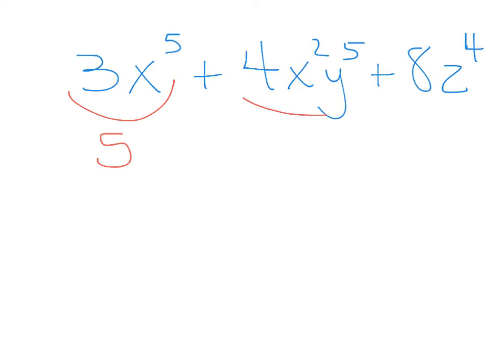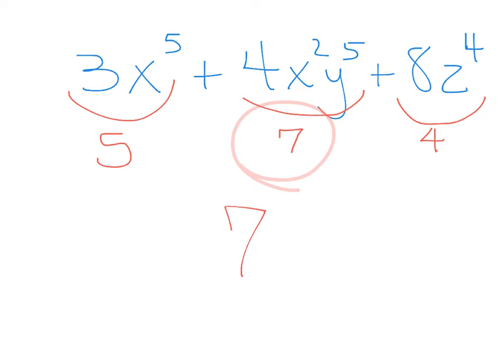The degree of the second term is? 7. The degree of the last term is? 4. Now, when it's the polynomial, you don't go back and add all these numbers. We look for the largest one. So don't get confused with finding the degree of the polynomial versus finding the degree of the monomial. So for the polynomial, you find each degree separately and then look for the largest. This degree would be 7.